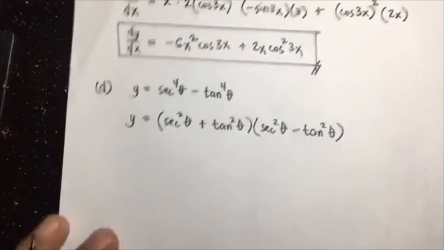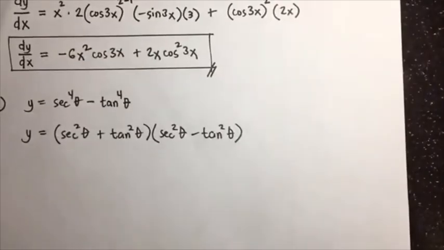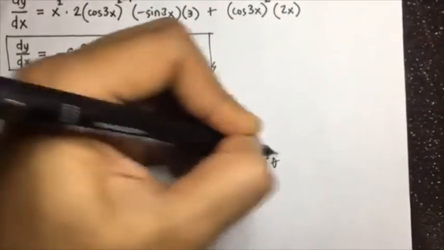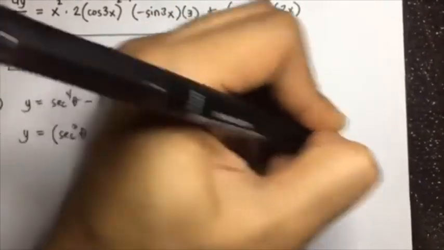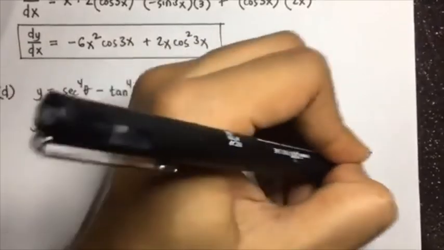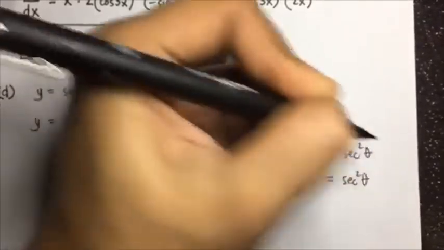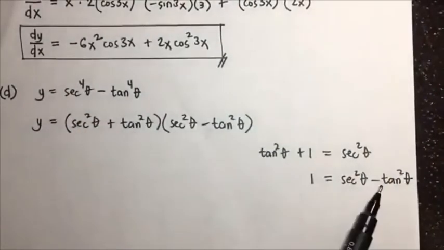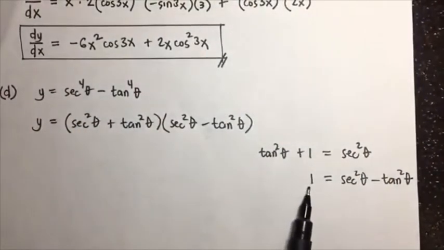Okay, and from the Pythagorean identity, if you will recall, tangent squared theta plus 1 is equal to secant squared theta. Therefore, secant squared theta minus tangent squared theta, if we transpose this, is just equal to 1.